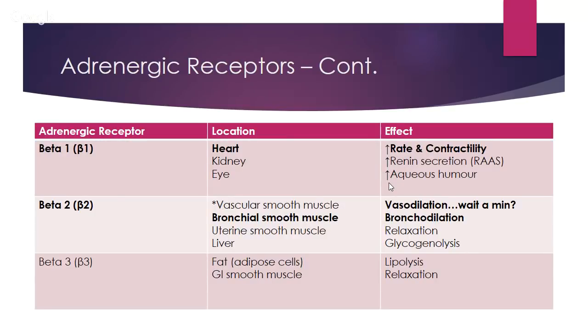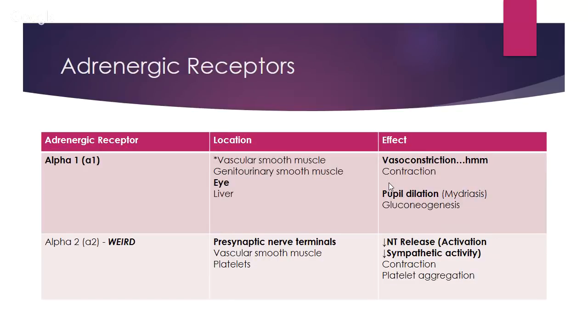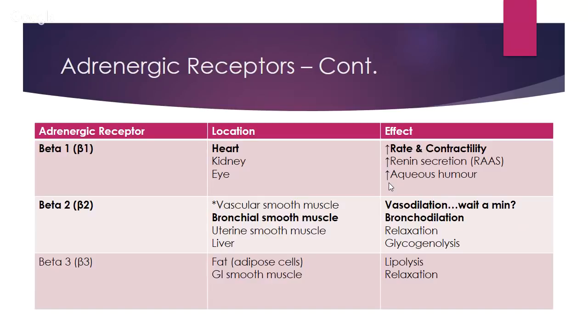So when our sympathetic nervous system is activated, we actually have vasodilation near our hearts and our coronary vessels, and that increases the amount of blood supply that goes to there because you've got these beta 2 receptors on the vascular smooth muscle right near your heart. But peripherally, if you've ever seen someone that's been scared, they go really pale. And that's because they have peripherally vasoconstriction, because they have these alpha 1 receptors peripherally. And then beta 3, not that important, on fat, causes lipolysis and relaxation of smooth muscle.